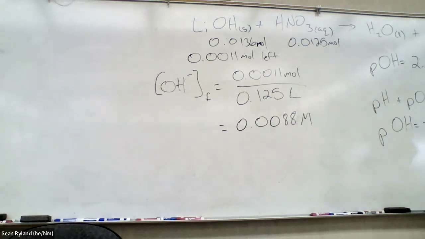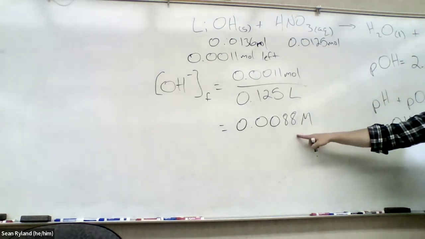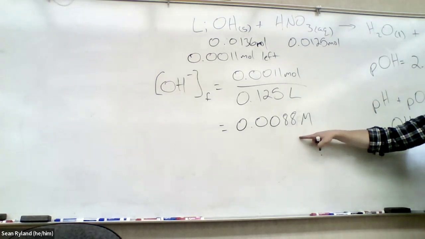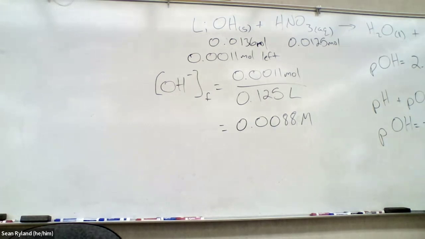Right, so all I did was I took this 0.0088, took the log of it on the calculator, and it's going to come up as negative 2.05. And then because our pOH has a negative sign in there, it cancels out. So pOH is going to be 2.05.